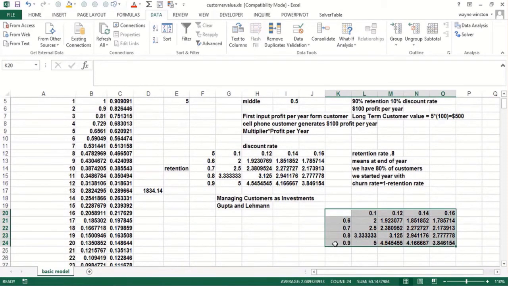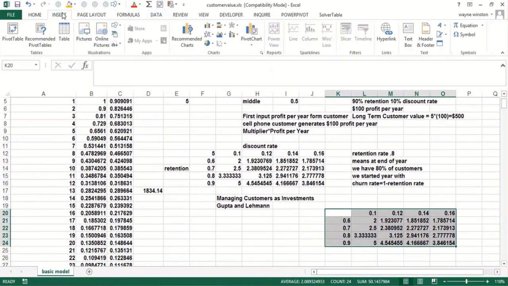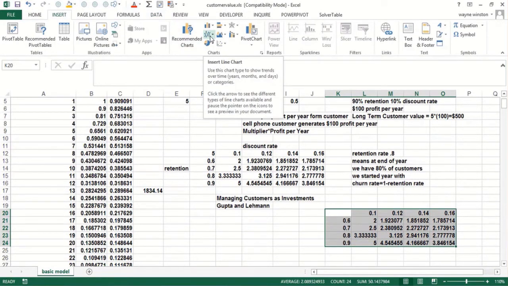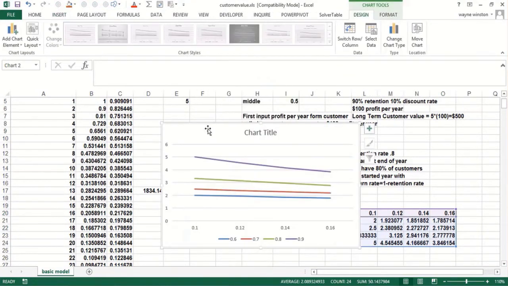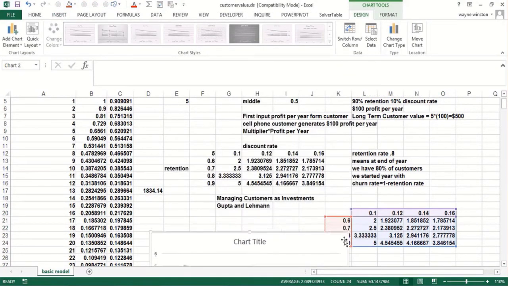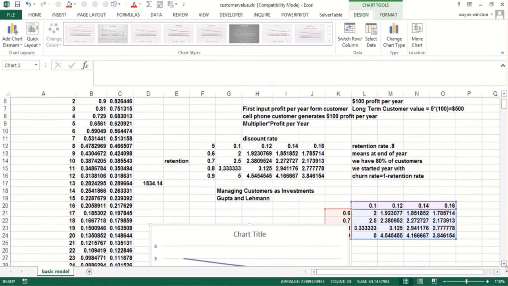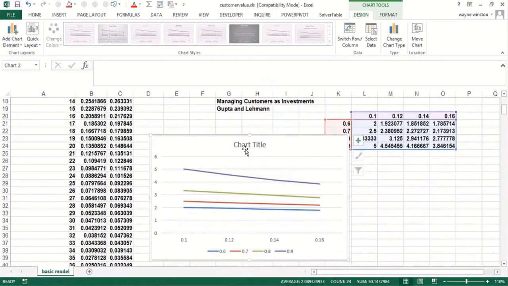So now if I select this stuff and I do Insert and a line chart, this should be fine. Okay, so let's move this one down here and take a look at this. We could flip the axis if we want in a minute. So this is customer value sensitivity, let's say.